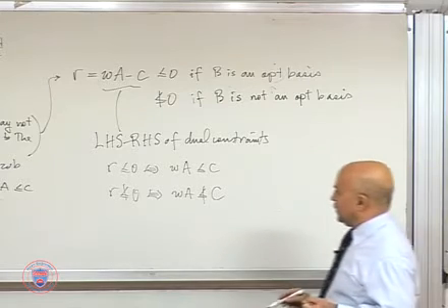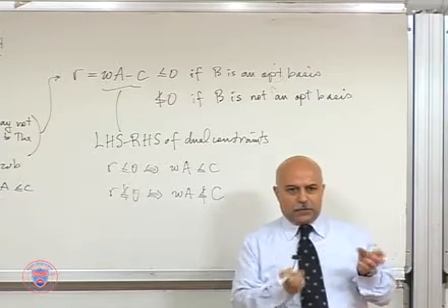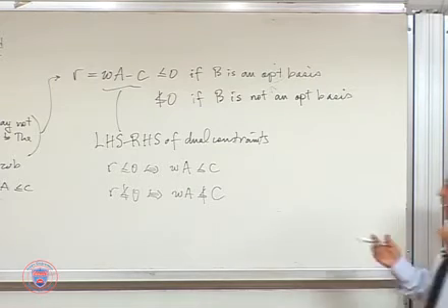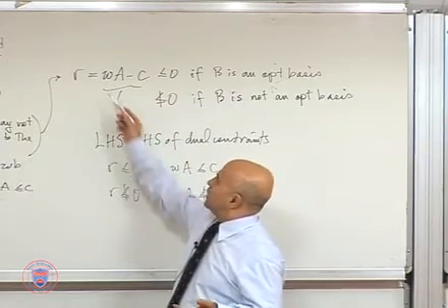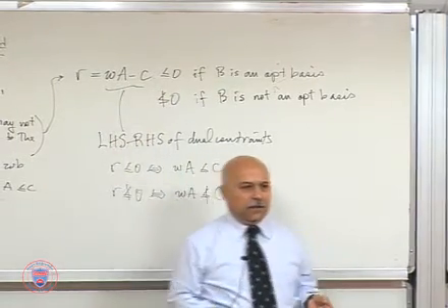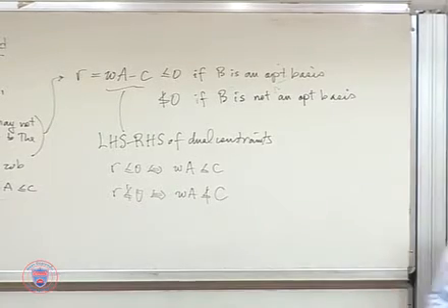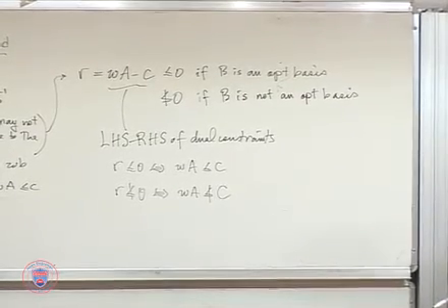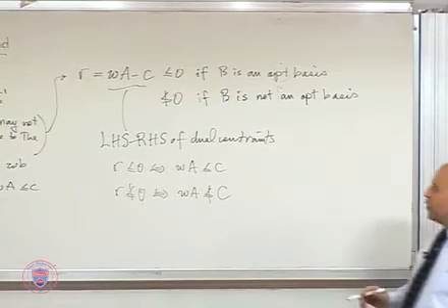So anyway, that's why we use the term dual feasibility, to mean that the reduced costs either have the correct signs or at least one of them has the incorrect sign.